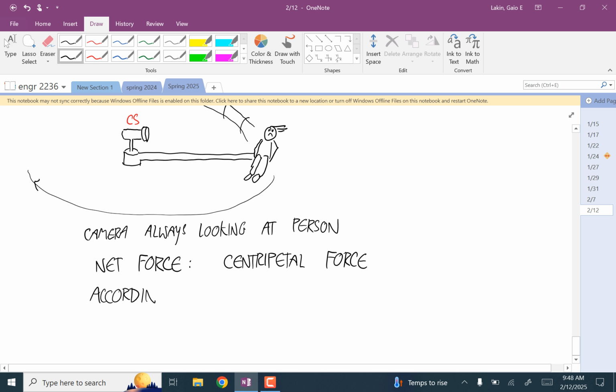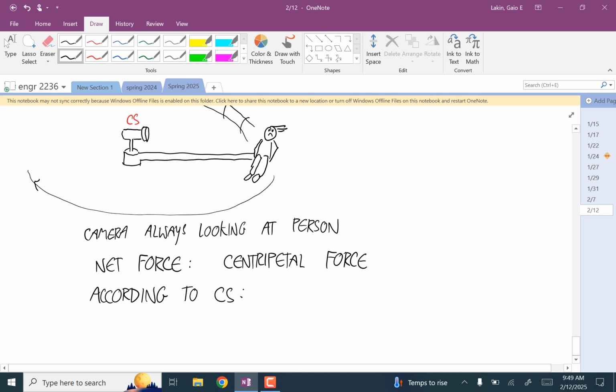But what does the motion look like according to the coordinate system? Again, it's just fixed on the person. So it sees this person's face becoming misshapen and the person turning red and then passing out and then breathing stops and whatever. And the camera doesn't understand why.